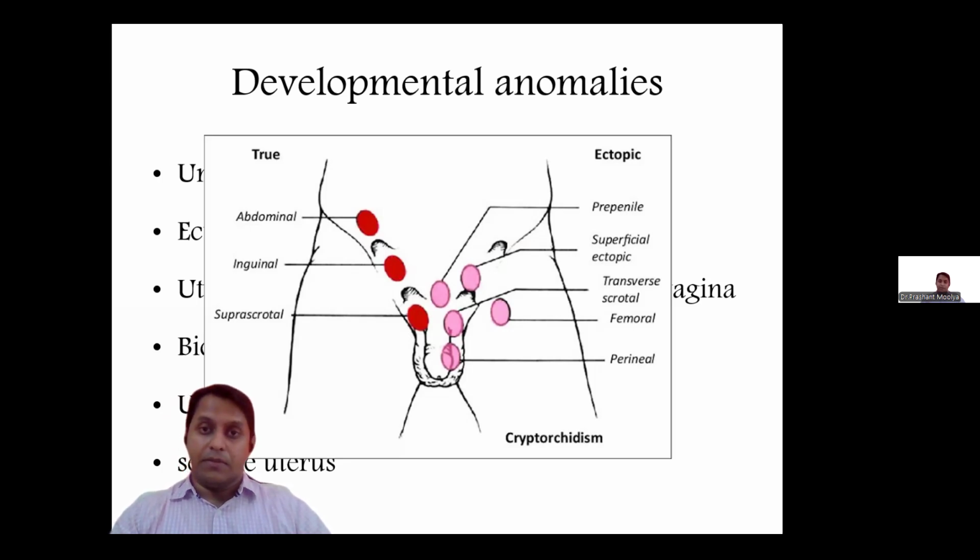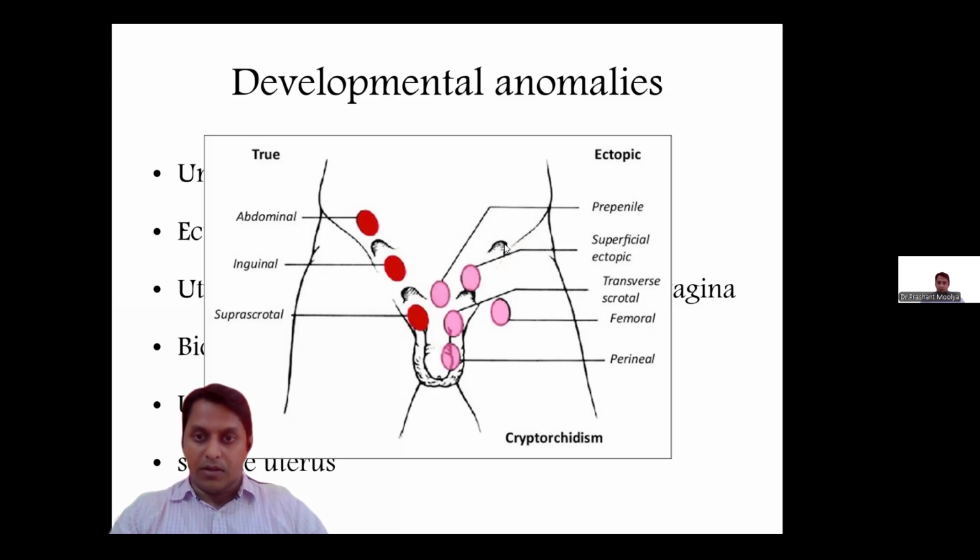In a preterm baby, there is more chance that the testis will be somewhere in the abdomen, which descends subsequently around the third to sixth month. If again it fails to descend after six months, then surgically it could be treated to bring the testis back into the scrotum. This is the part of the ectopic testis. It is somewhere away from the normal routine path.